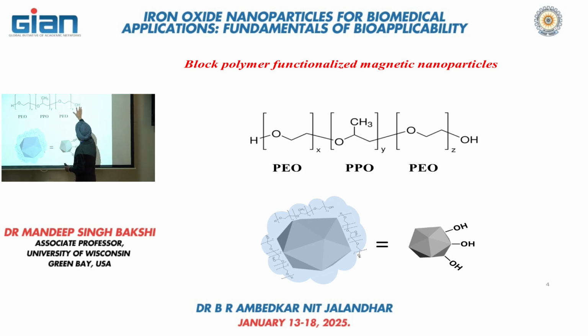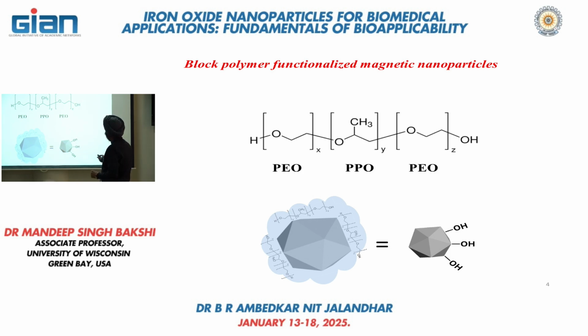These polymers have the hydroxyl group. When the polymer adsorbs on the surface of the magnetic nanoparticle, these functional groups are available. So now you can use these functional groups for performing certain kinds of applications. This is the meaning of the functionalization.